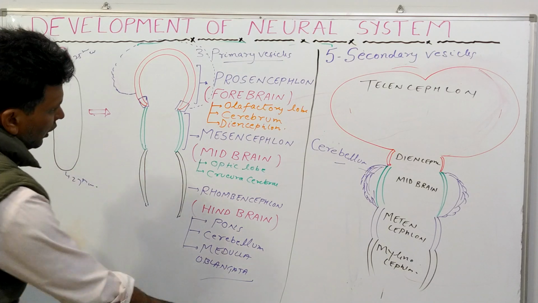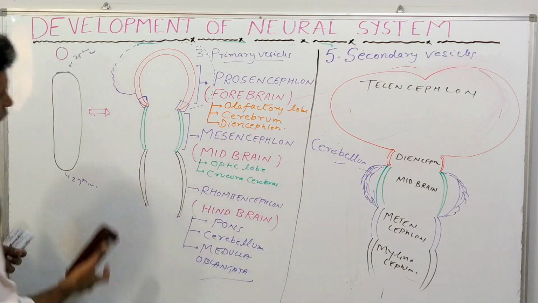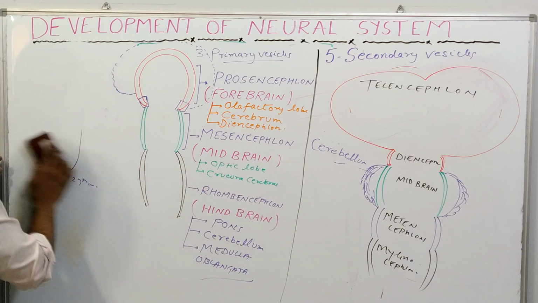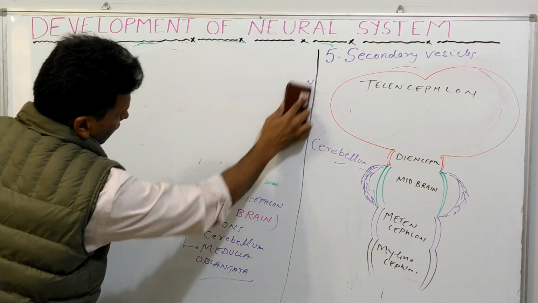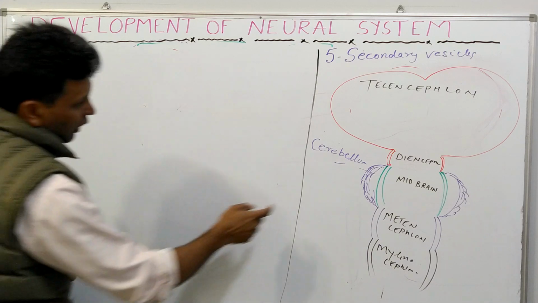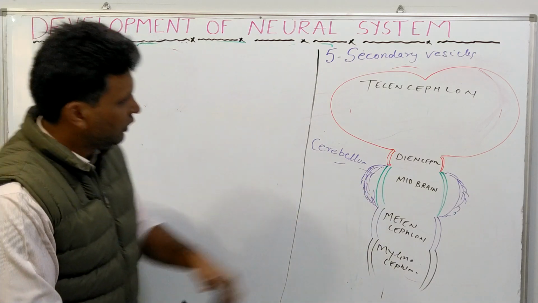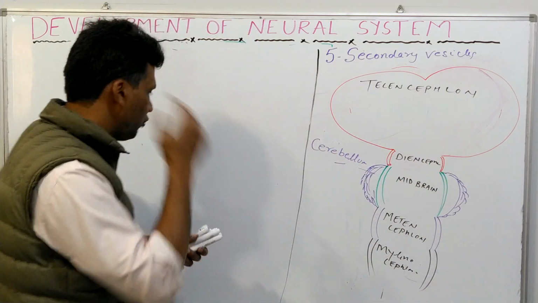Now after the 5 secondary vesicles, let me draw. This section is like this. Now I am going to draw anterior and posterior.